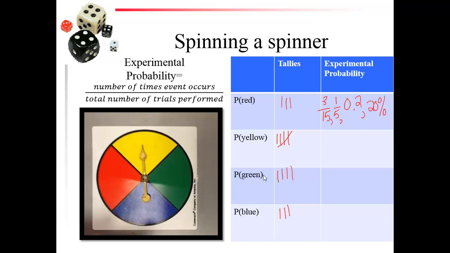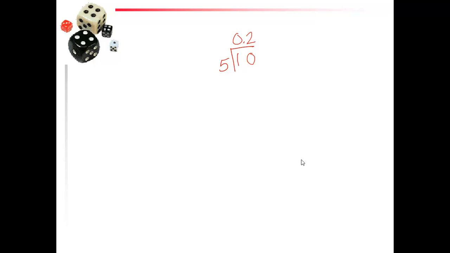All right, now let's look at yellow. We had yellow occurred 5 times out of 15 trials. If we simplify that, you get 1/3. Okay, 1/3 would be 1 divided by 3. 3 can't go into 1, so we add our 0. 3 goes into 10 3 times. And this is going to be a repeating decimal.